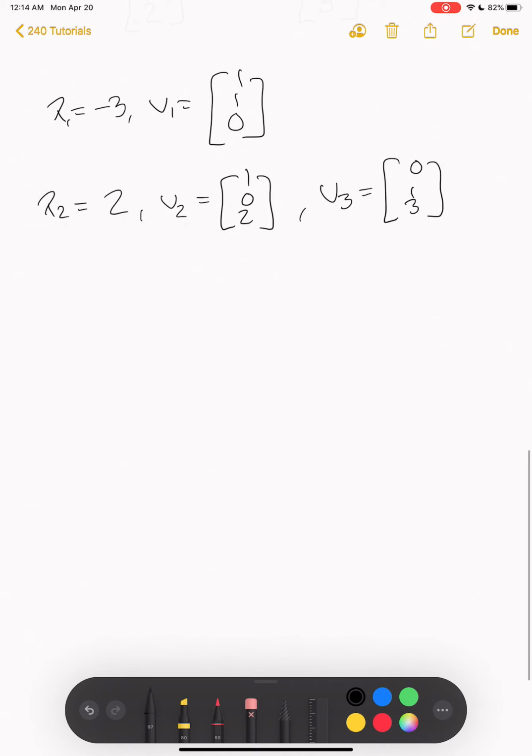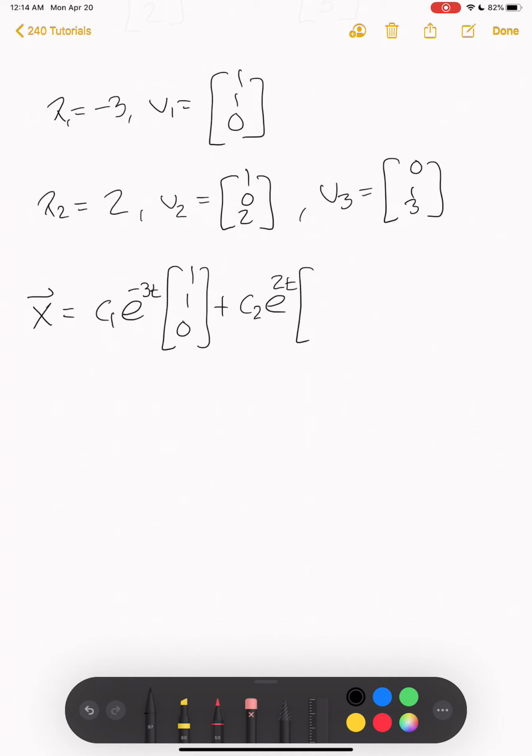So my solution then will look like x is equal to C1 e to the -3t times 1, 1, 0 plus C2 e to the 2t times 1, 0, 2 plus C3 e to the 2t times 0, 1, 3.